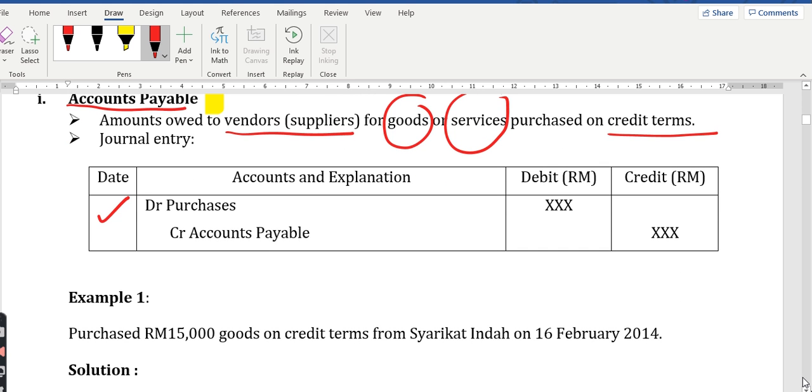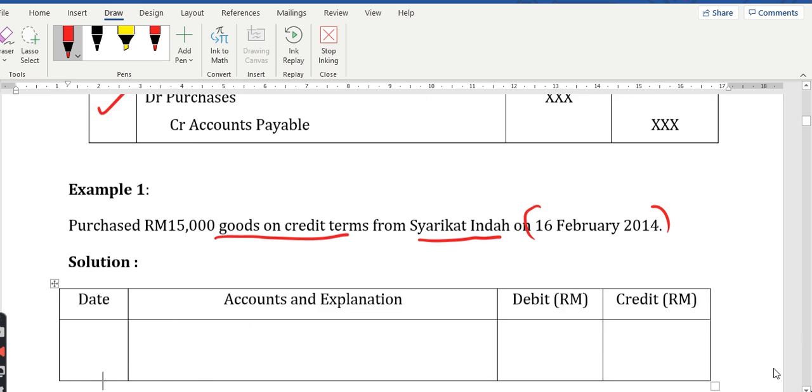Okay, we'll go through example 1. The company purchased 15,000 of goods on credit terms from Syarikat Indah on the 16th of February 2014. So how do we journalize the transaction?